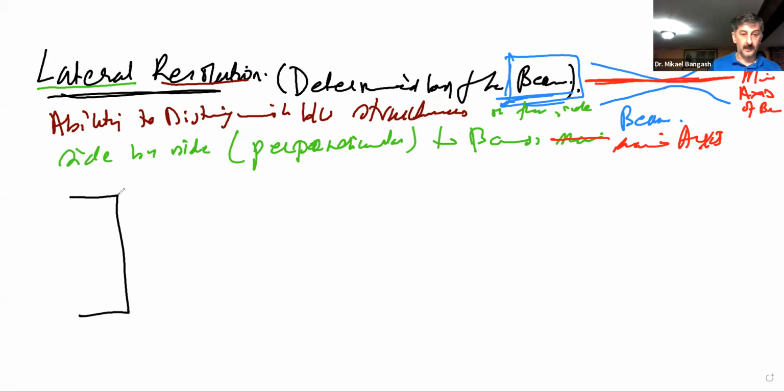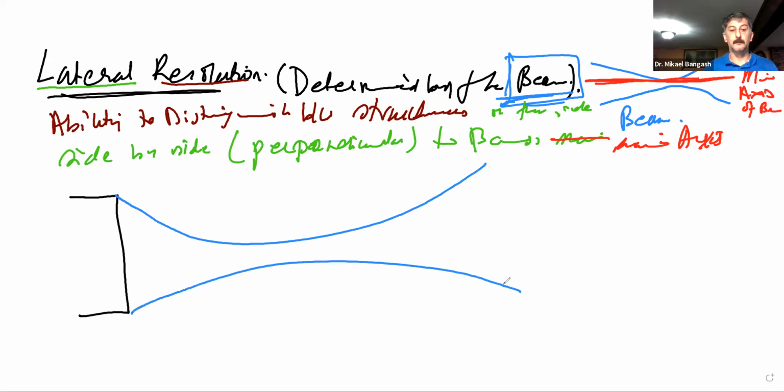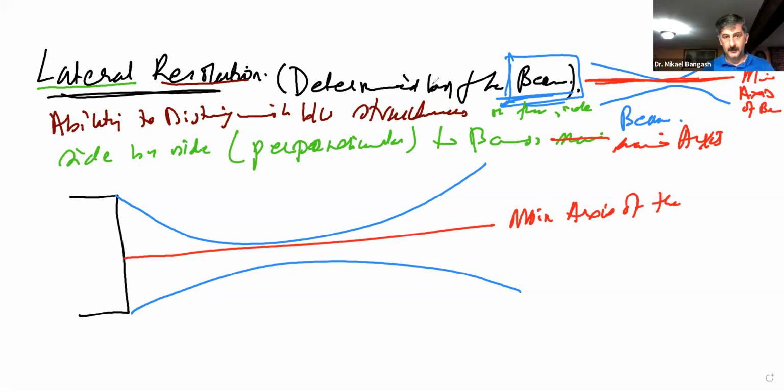We said, for instance, if we have a beam here, at some point the beam is going to be at its narrowest, which we'll call the focus. In this, we could say this here is the main axis of the beam.